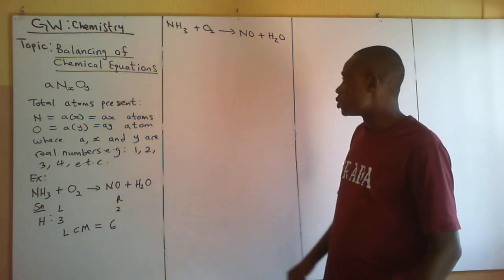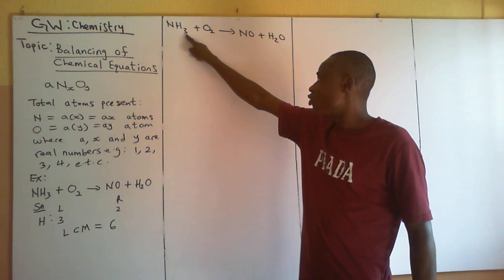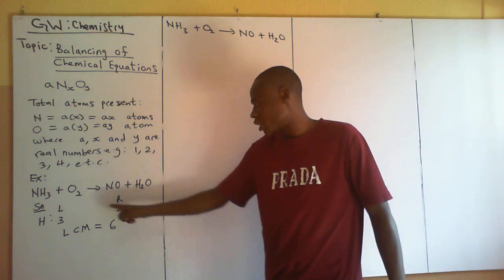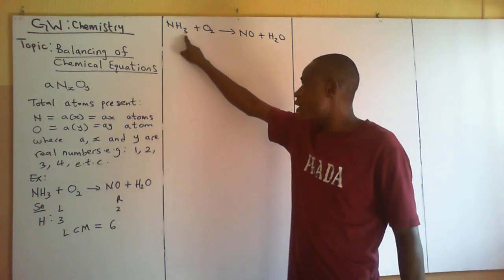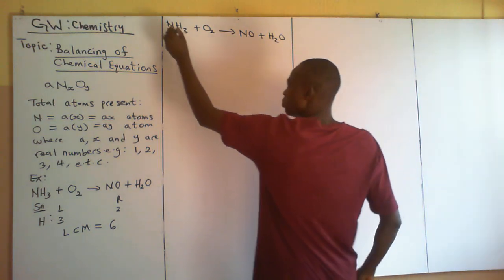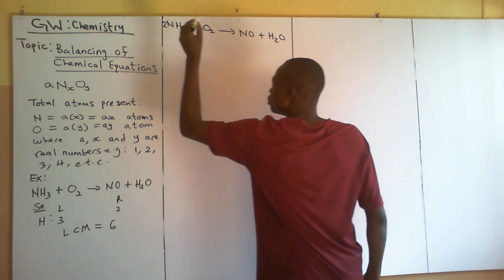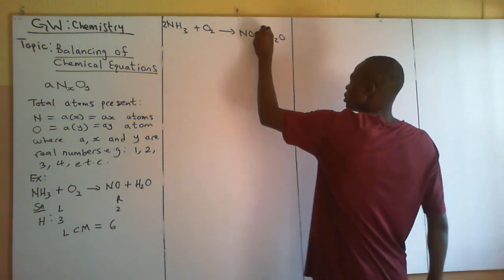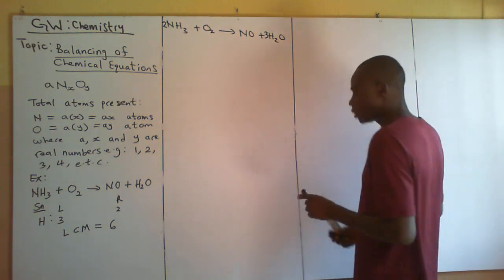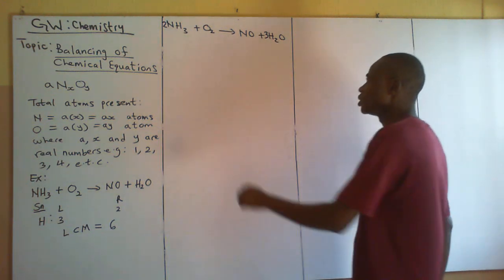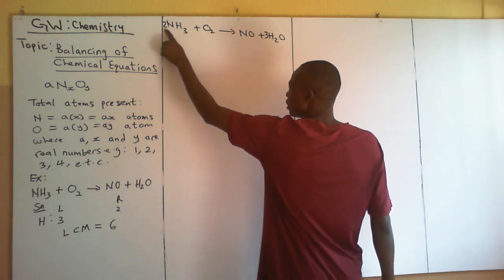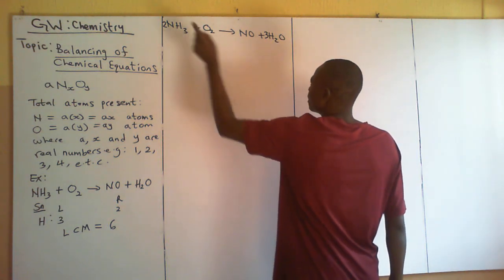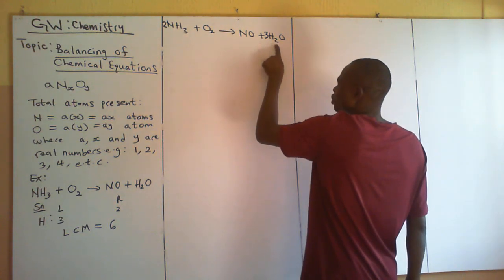By the time you look at it, what number will multiply 3 to give us 6? Since the LCM of 3 and 2 is 6, the number to multiply 3 to give us 6 is 2. We multiply by 2. The number to multiply 2 to give us 6 is 3. We multiply by 3. Hydrogen is now balanced, 6 hydrogen. 2 times 3, 6. 3 times 2, 6.